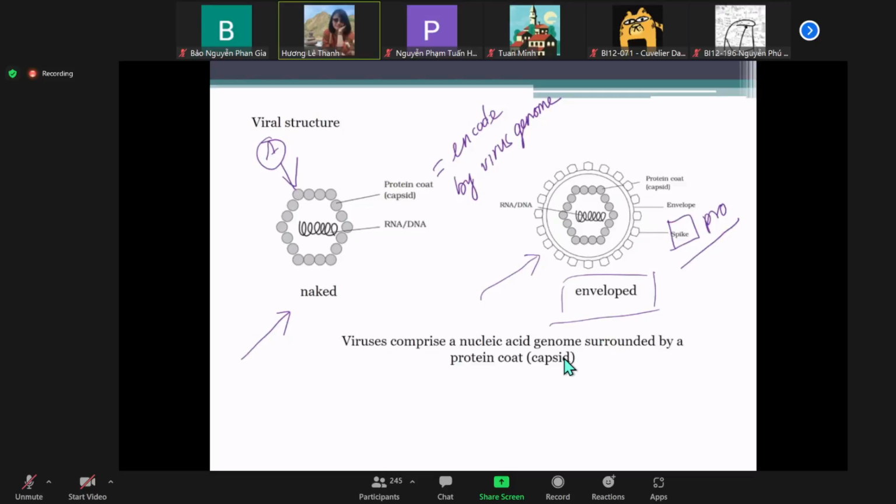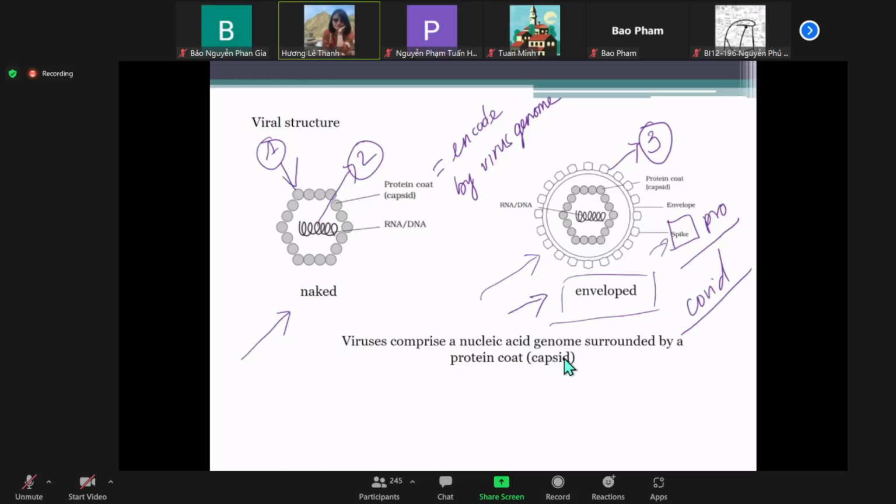You know that coronavirus is an enveloped virus. It has another envelope surrounding it. There are two main structures of a virus here, and these are the three optional structures. Coronavirus has this kind of structure, and also the spike proteins here.